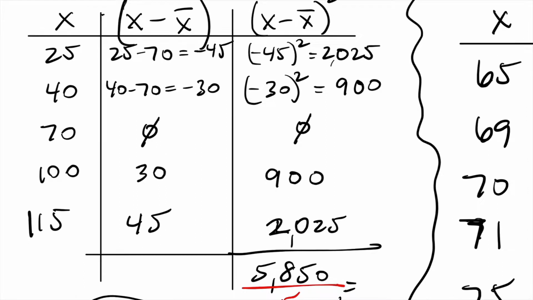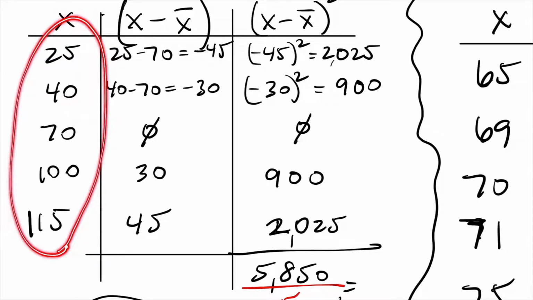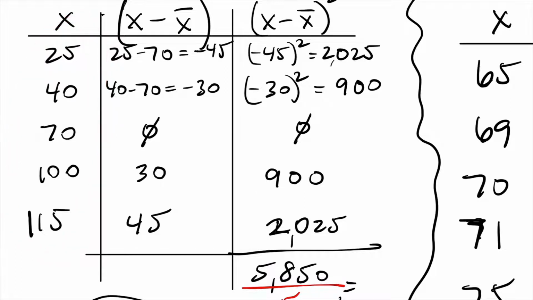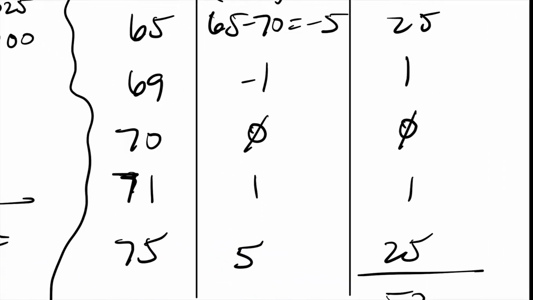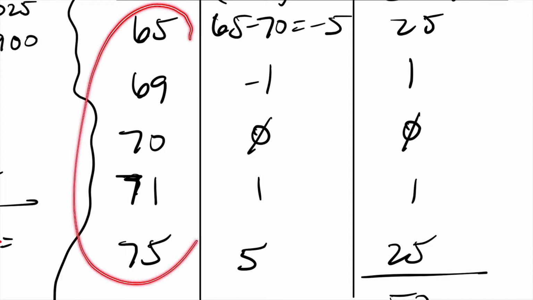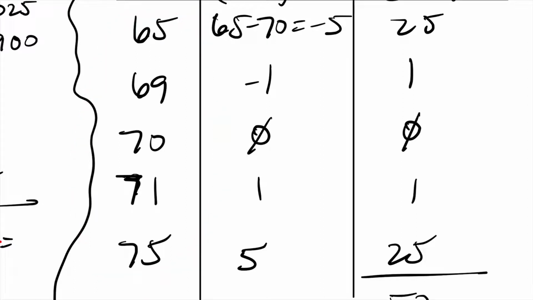On average, each of these guys is about 34.2 points away from the mean of 70. On average, these guys over here are about 3.225 points away from the mean, which is 70.